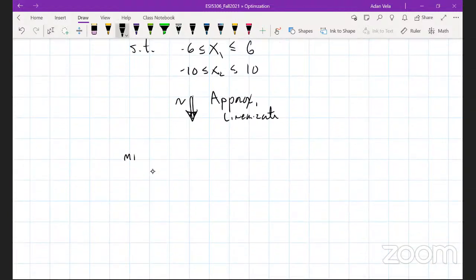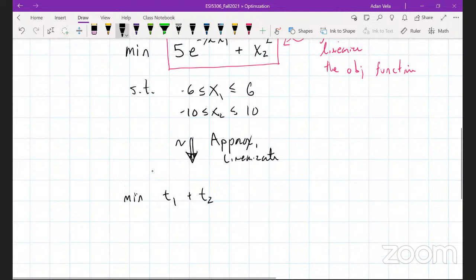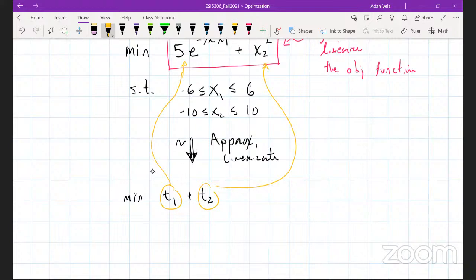We're going to end up with an LP that looks like the following. So minimize T1 plus T2, where T1 is going to be an approximation of the exponential part, while T2 is going to be an approximation of the x2 squared, the quadratic.